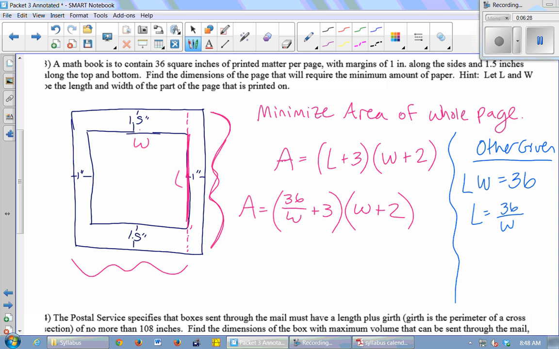So now I have a formula for area, and I need to minimize it. I have to find out what value of W will make the area of the page smallest. And then once I have that, I can figure out what L is, because L is 36 over W. All right, so take a few minutes and minimize this.